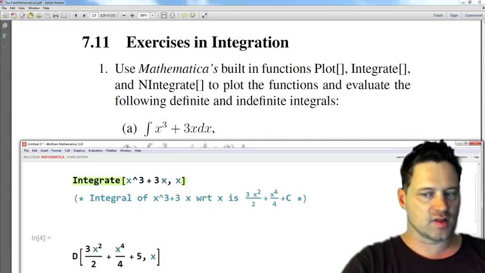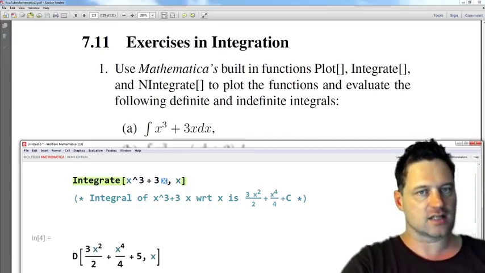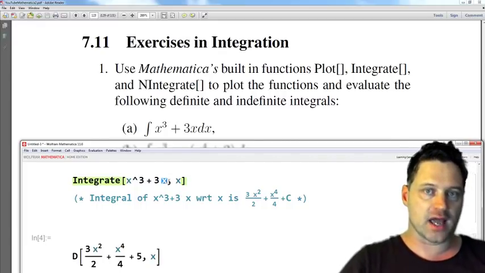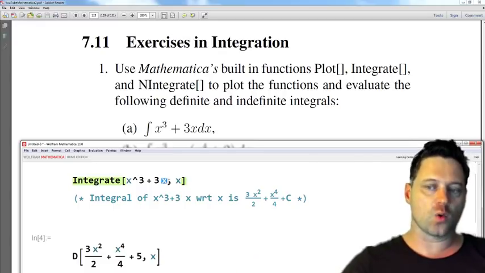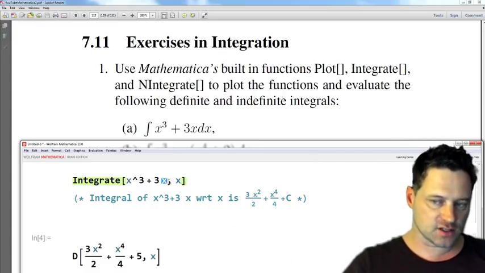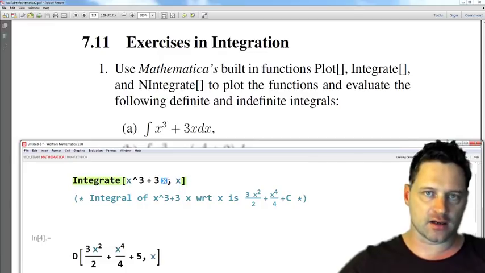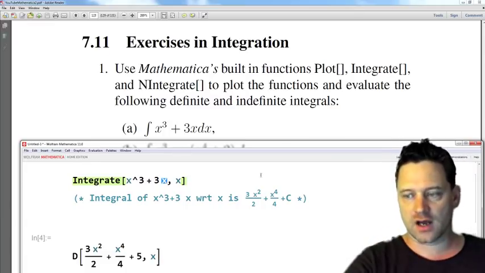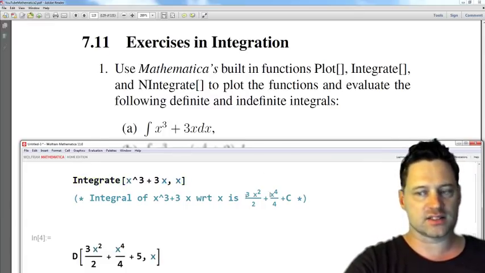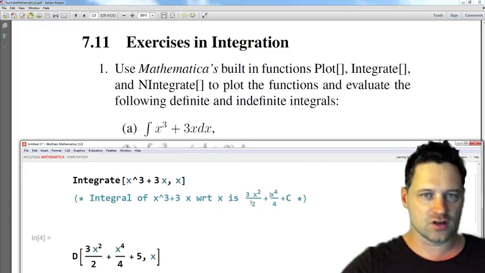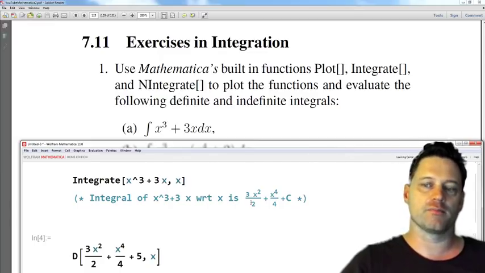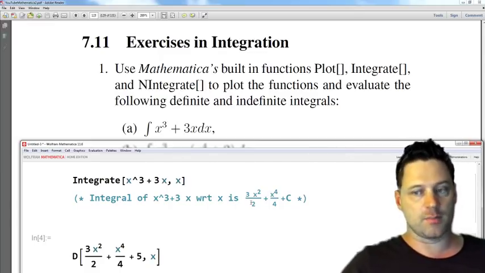Likewise with this one, the exponent of x is just 1, and if we add 1 to 1 we get 2, so we divide by 2. The integral of 3x is 3 halves x to the power of 2. Putting those two together gives us x to the 4th over 4 plus 3 halves x squared, and you should not forget the plus c. You always need to put the plus c in. So that's how to integrate a polynomial.